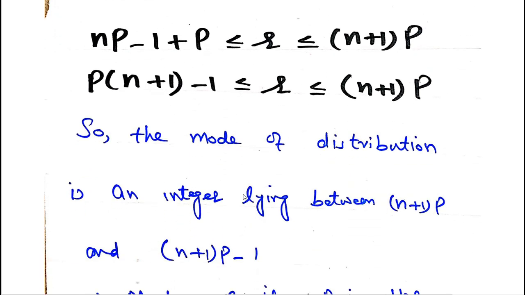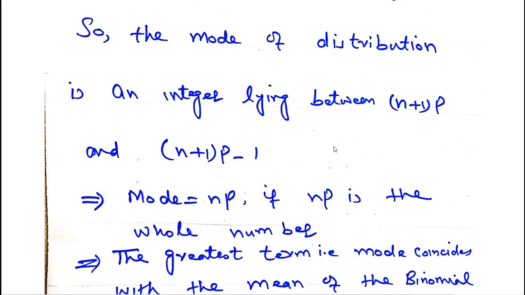So the mode of the distribution is an integer lying between (n plus 1) p and (n plus 1) p minus 1. So r is the integer lying between these terms, (n plus 1) p and (n plus 1) p minus 1.